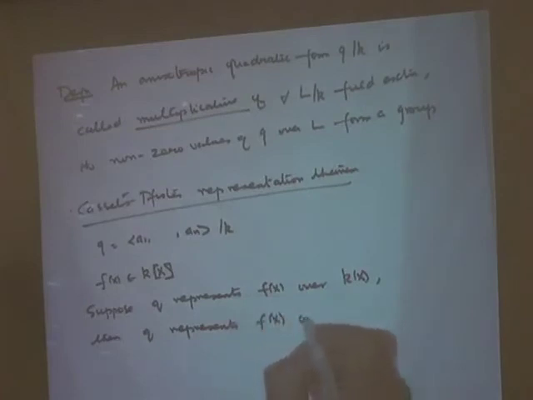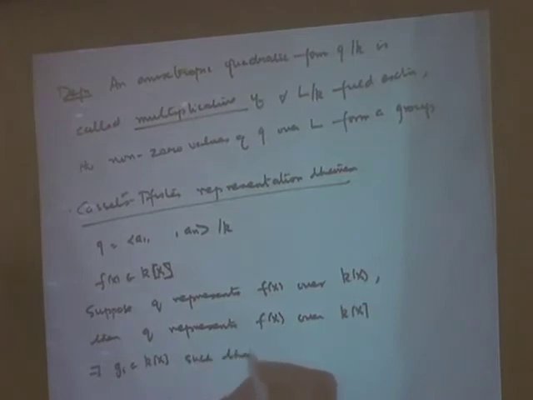And suppose Q represents the polynomial f(x) over the rational function field K(x). Suppose this f(x) is a value of Q over the rational function field, then Q represents f(x) over the polynomial ring K[x].